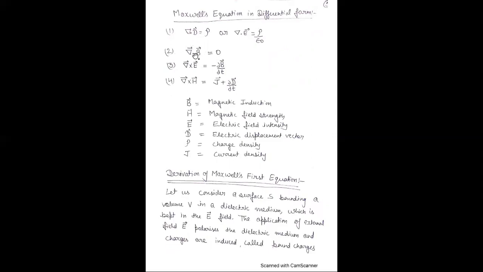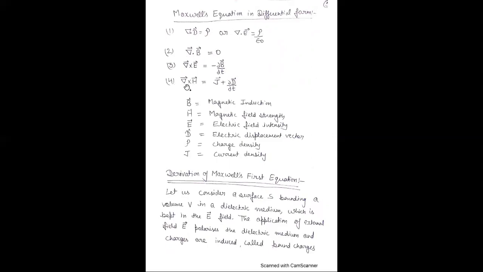Second is divergence of B is equal to 0. This second equation is derived from Gauss theorem in magnetic field. Third is del cross E, equal to minus partial B by partial t. This third equation is derived with the help of Faraday's law of electromagnetic induction.